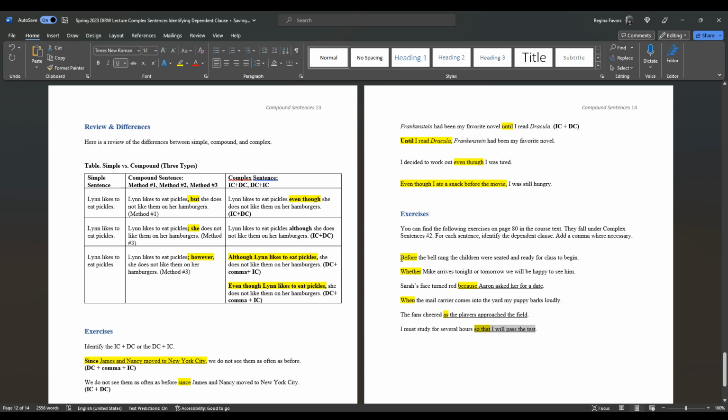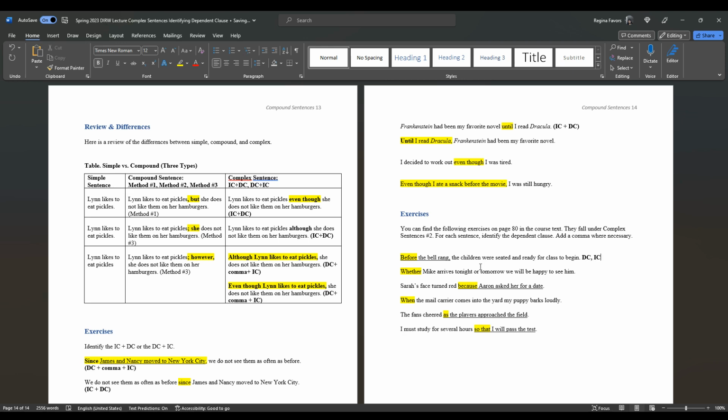So we understand that. Mark that: "before the bell rang." That's underlined. Before the bell rang, comma, because this is your DC, comma, IC.